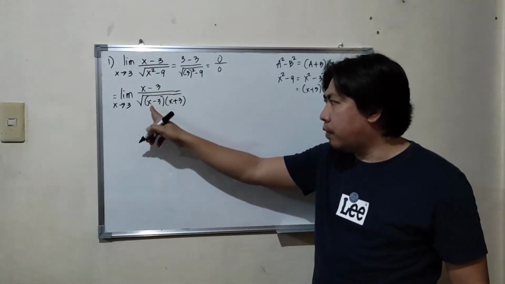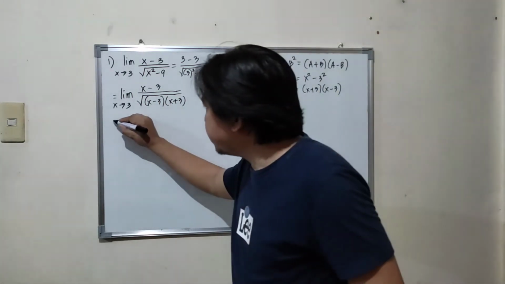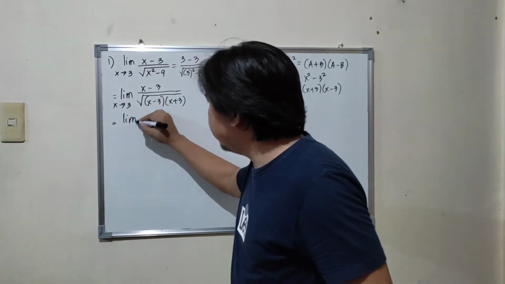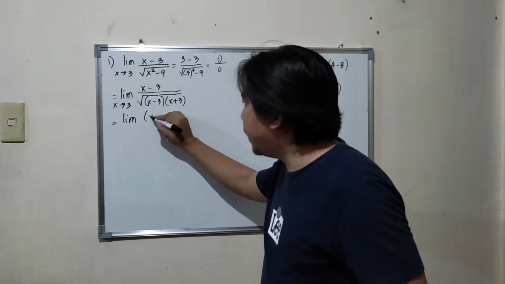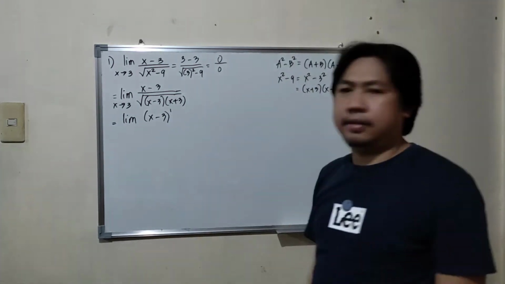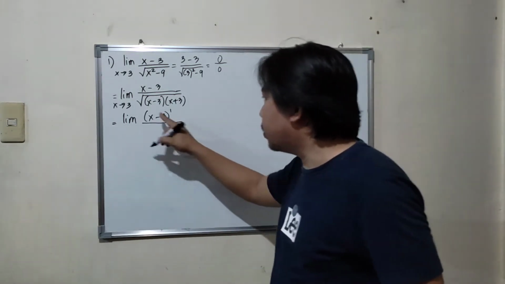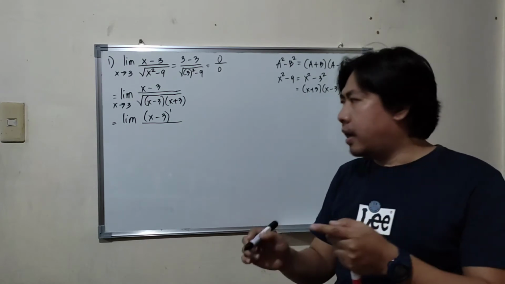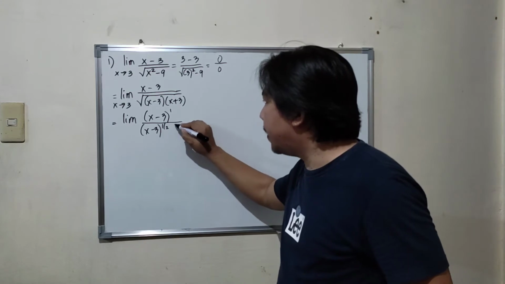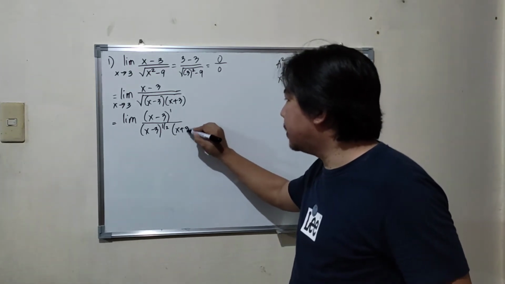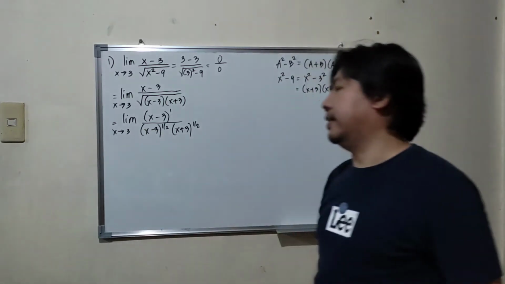So, x minus 3 over square root of x minus 3, pwede natin itong isulat as limit of x minus 3 to the exponent 1, since pag walang exponent, ibig sabihin exponent is 1, over square root, which can be written as a rational exponent: x minus 3 raised to 1/2 times x plus 3 raised to 1/2, as x approaches 3.